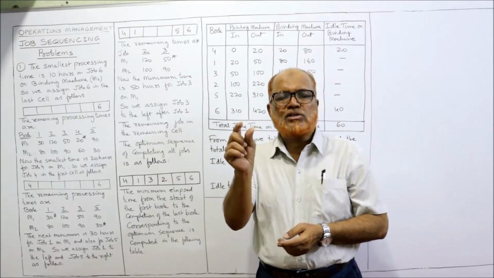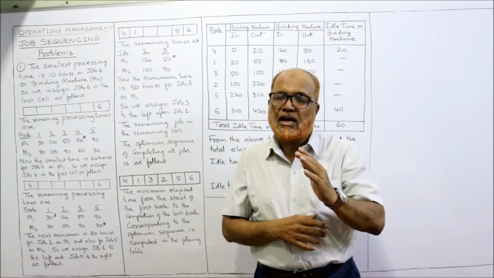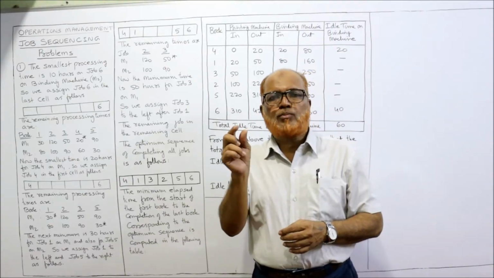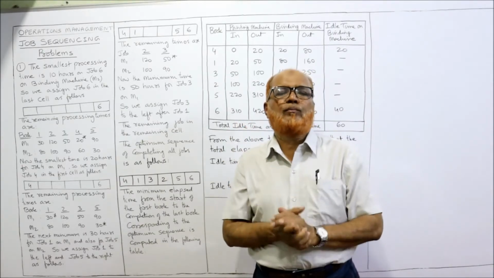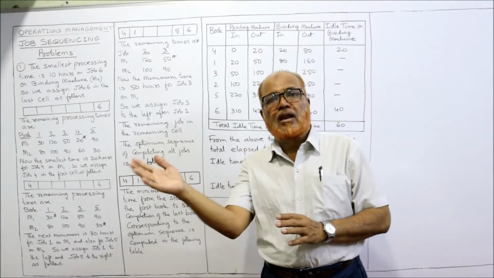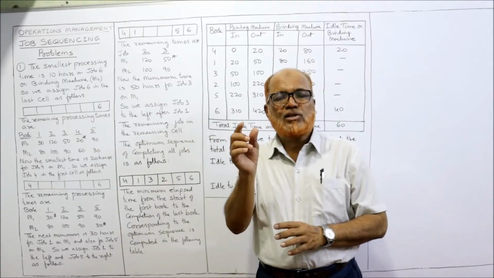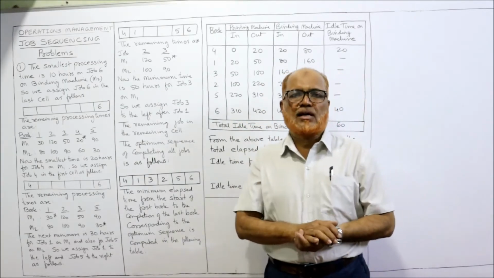If it is on M1, the first machine, start giving assignments from the left. If the smallest possible processing time is on M2, assign from the right. Like that, we go on, seeing whether the smallest possible time is on the first machine or on the second machine.